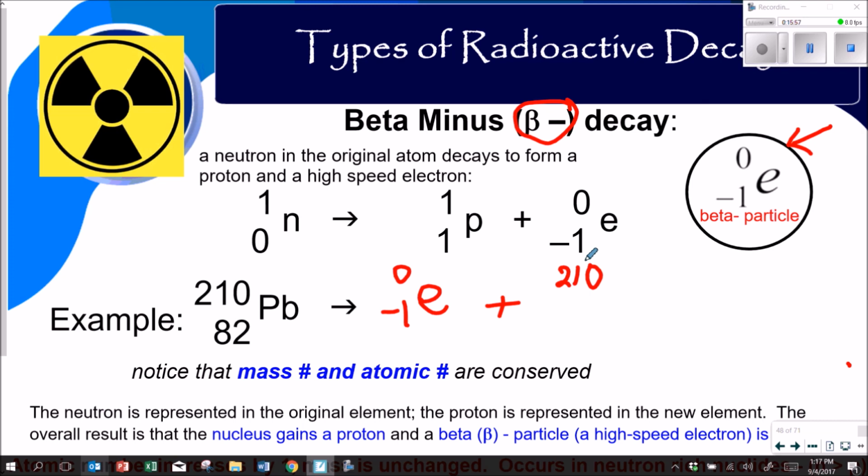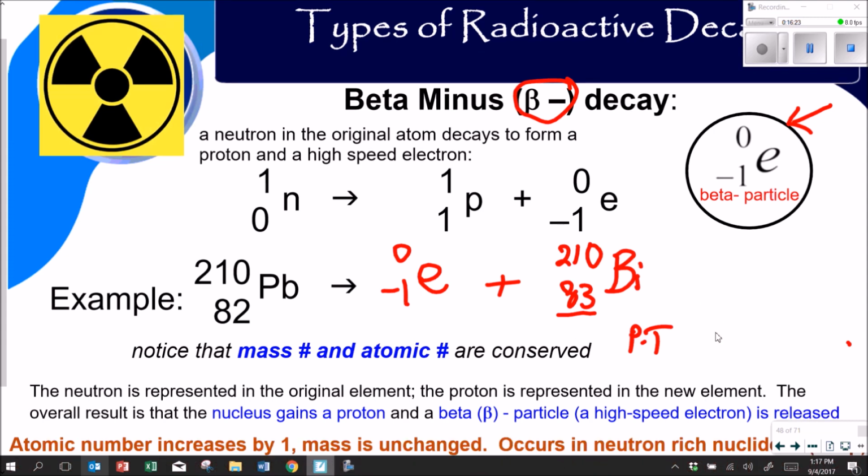And atomic number, I have 82 on this side. So I have to have an 83 over here, because 83 minus 1 gives me 82. Now again, I go to my periodic table, and I find the element with atomic number 83, and that is bismuth. So I know that my new element is bismuth.